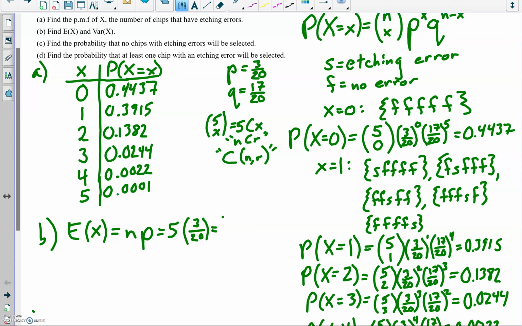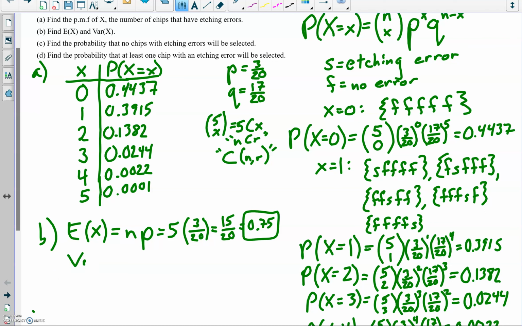So you get 15 out of 20. And that reduces down to 3 over 4, or 0.75. So you expect to get, on average, when you select 5, and you do this many times, you're expecting to get less than 1 on average.